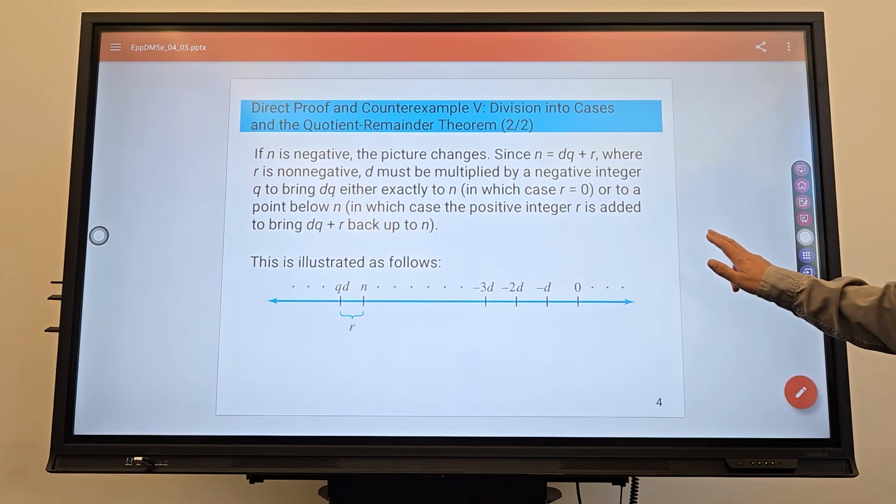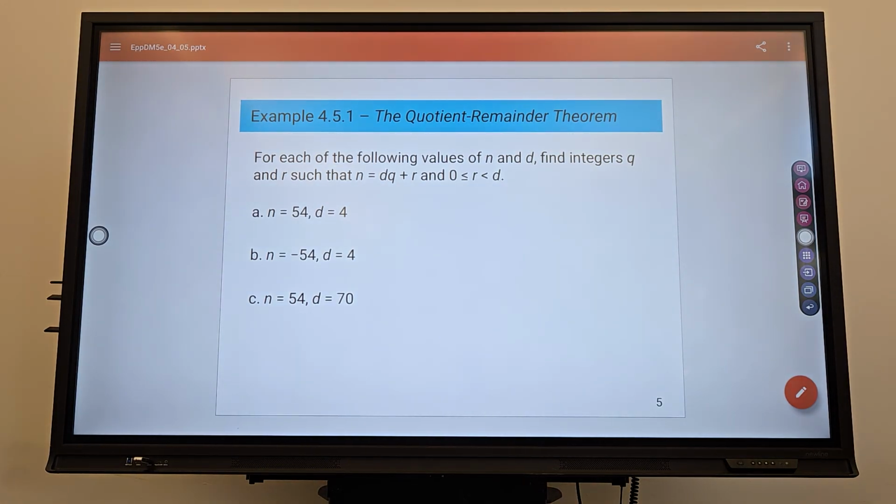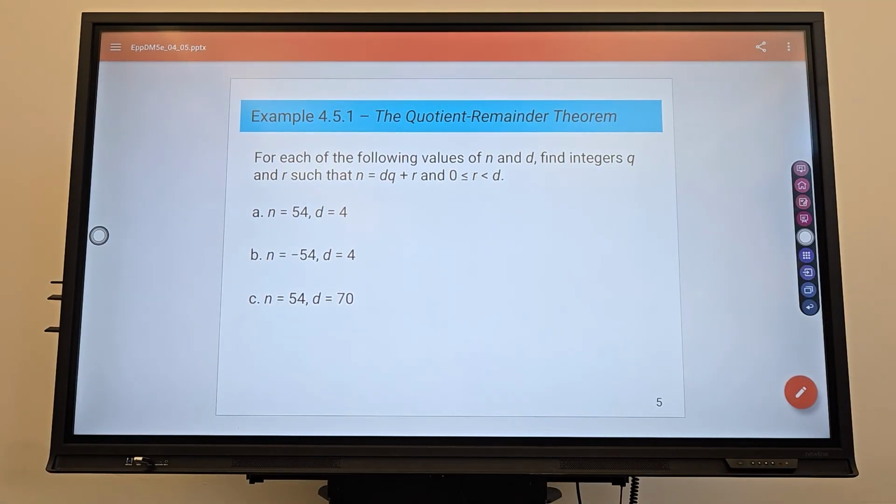All right. For each of the following values of n and d, find integers q and r such that n equals dq plus r. n equals 54, d equals 4. So that would be 13 and 2.